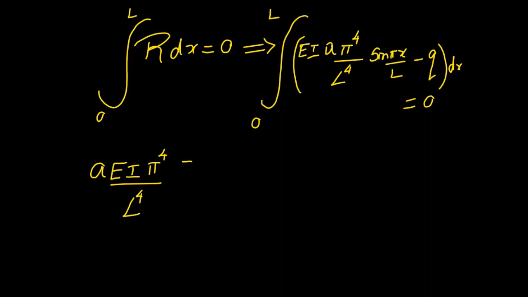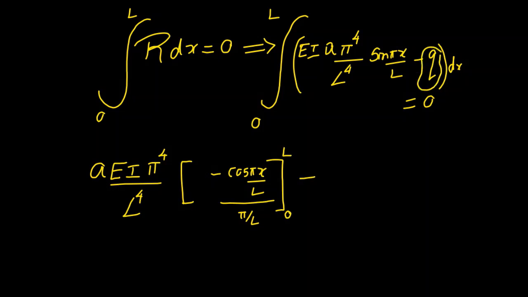And if you integrate sine pi x over L, what you're going to get is minus cos pi x over L divided by pi by L. So it is minus cos pi x over L whole divided by pi over L over the limit 0 to L. And if you integrate this q here, you will be getting qx over the limit 0 to L.